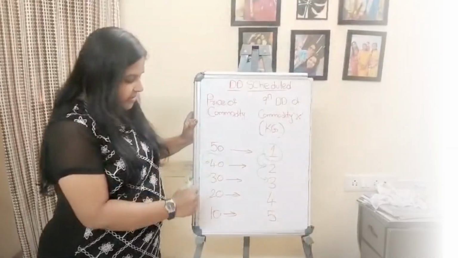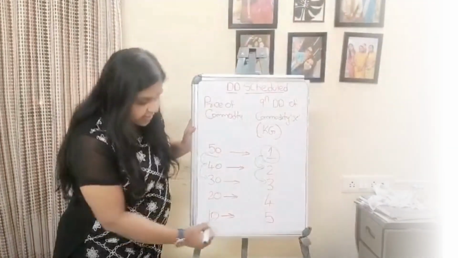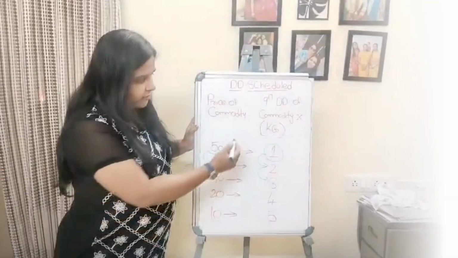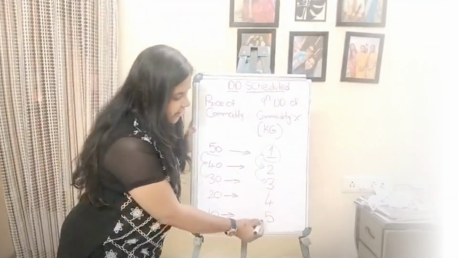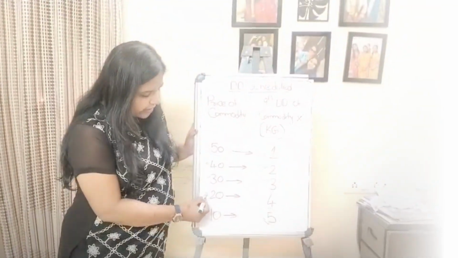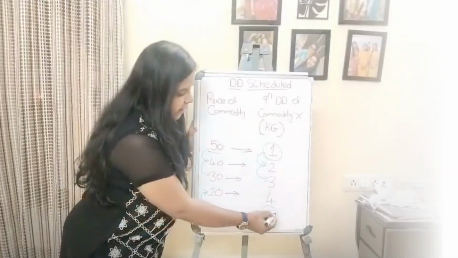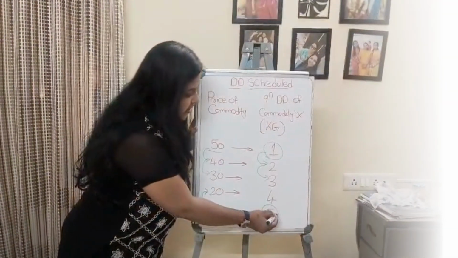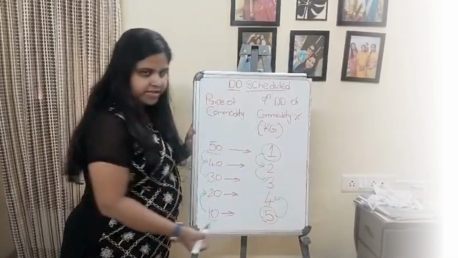Whereas vice versa, say when the price of a product is 10 rupees for 1 kg, then the quantity demanded is 5 kg. But when the price increases from 10 to 20 rupees, then the quantity demanded for that commodity decreases from 5 to 4 kg.